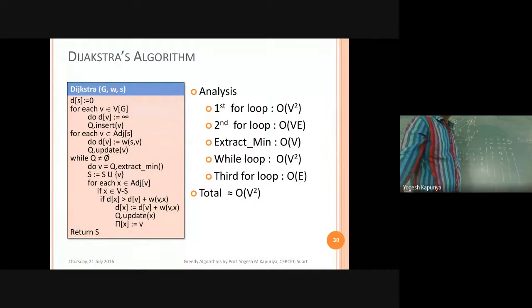Then you have a second for loop. What we are doing for each adjacency vertex V belongs to the adjacency list of S: we are checking or updating the weight, sorry, distance S, weight of ST, and then we are updating the Q. What we are doing? Is it required?